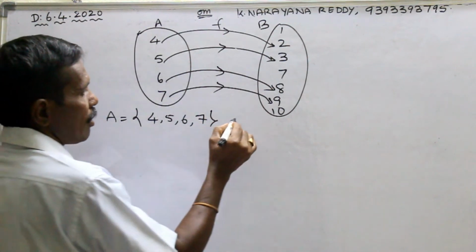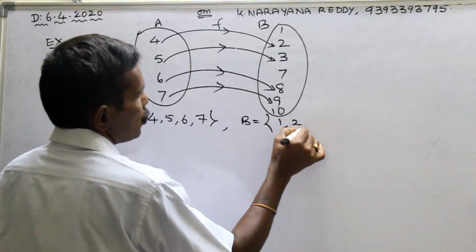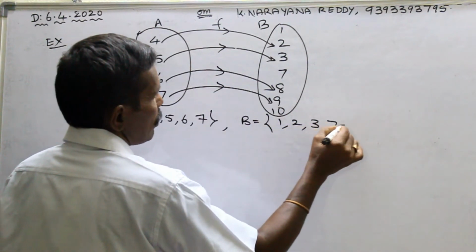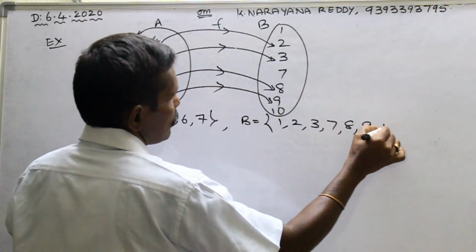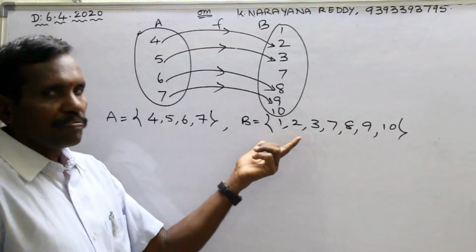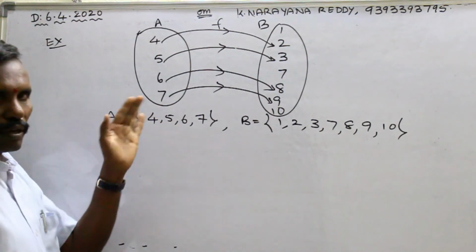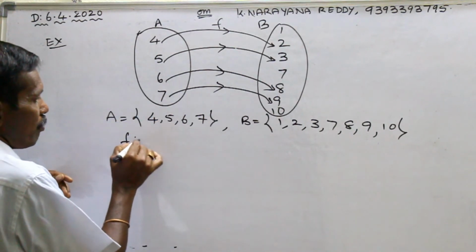And set B contains 1, 2, 3, 7, 8, 9, 10. This is set A. This is set B. There is a function F from A to B.